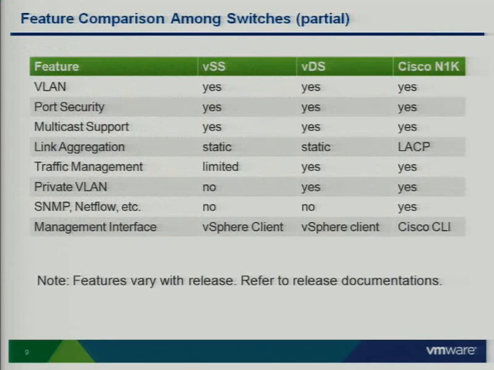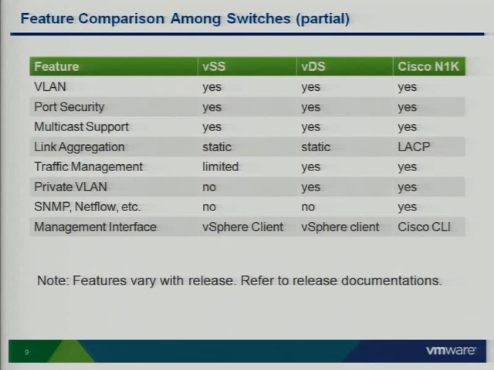So here is a rough comparison of the various features. Obviously, all the switches support VLAN and some form of port security. They all support multicast. In terms of link aggregation, or EtherChannel or port channel, both the VMware standard switch and distributed switch support static EtherChannel, but do not support dynamic link aggregation negotiation.